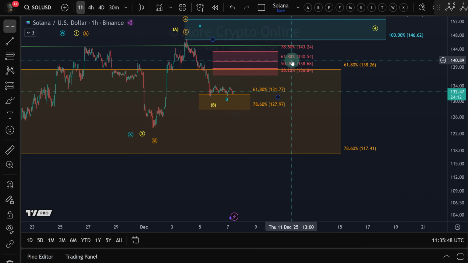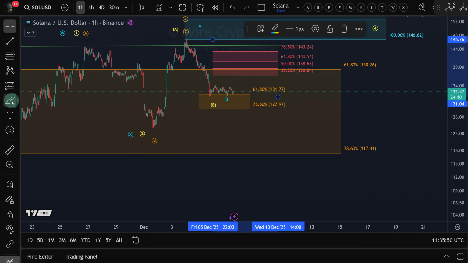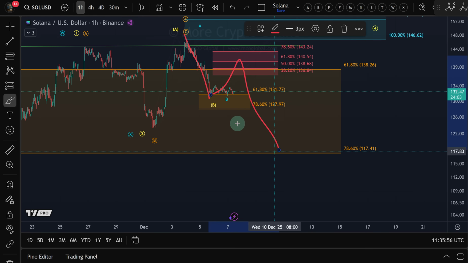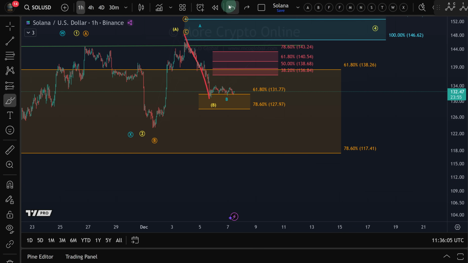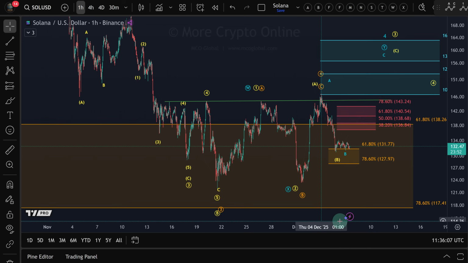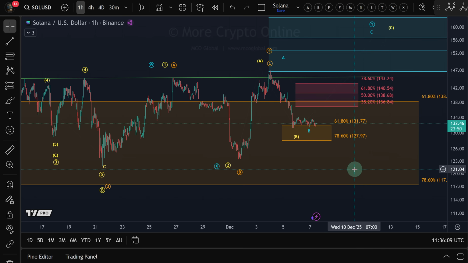And that's why I have the resistance area here, because if we come down, this could be like an A wave, maybe of a larger A wave, B, C. Then we have 3 waves down, but that is likely only the A wave of the 5th wave. You can get another B, C. So at the moment, it's unfolding to the downside in 3 waves, which is fully expected. Even in the 5th wave, we would expect that. But unfortunately, a 3-wave move down also opens the door to at least another bounce.